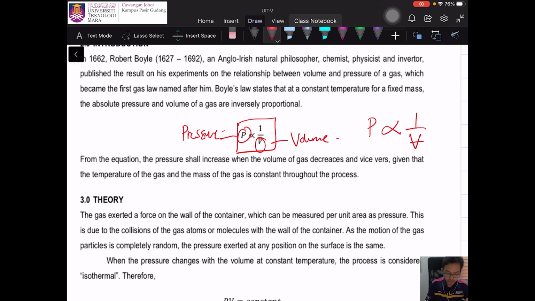The mass and the temperature are your two important parameters that should be constant throughout the experiment. Otherwise, we cannot say that this experiment follows Boyle's law.